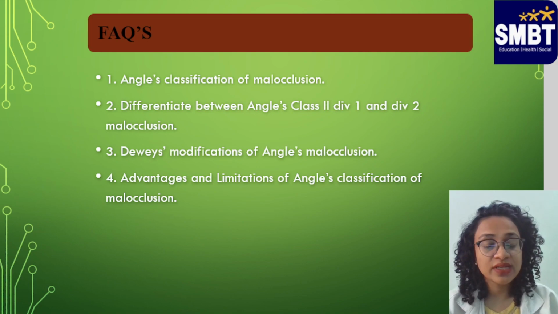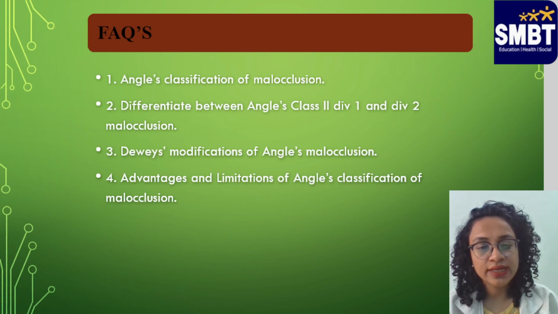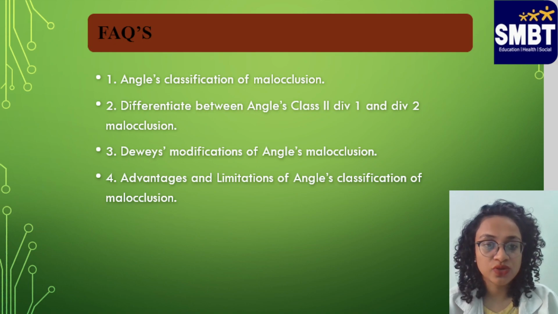You can explain it with the help of 4-5 points as we've already discussed. Then the next question is Dewey modification of Angle's malocclusion. All of you know there are 5 Dewey modifications in Angle's class 1 and 3 Dewey modifications in Angle's class 3. And the last important question is the advantages and the limitations of Angle's classification of malocclusion.